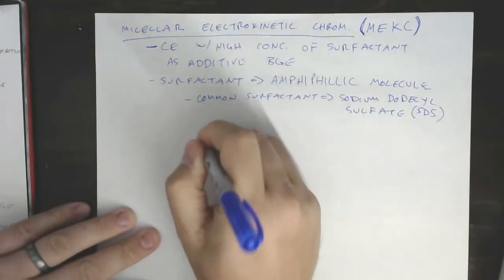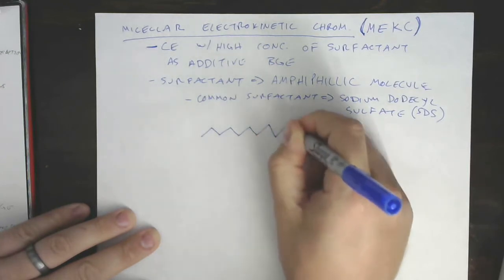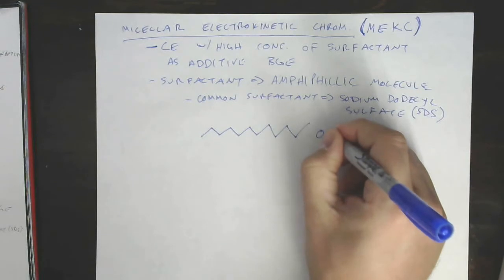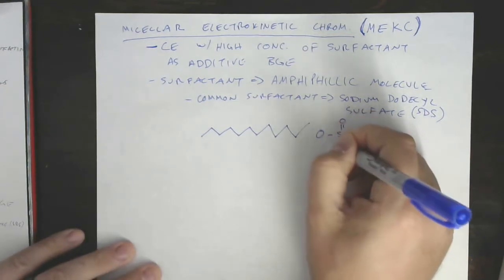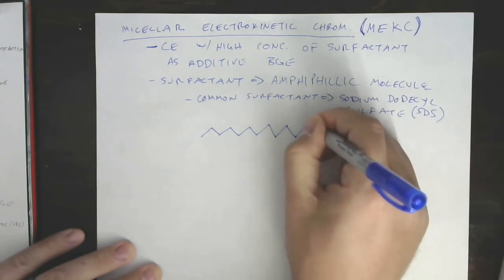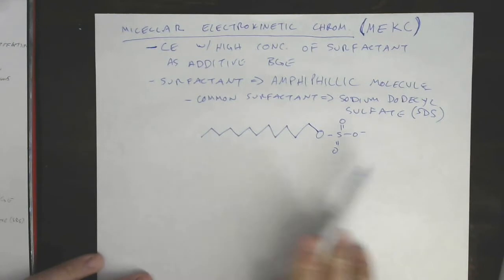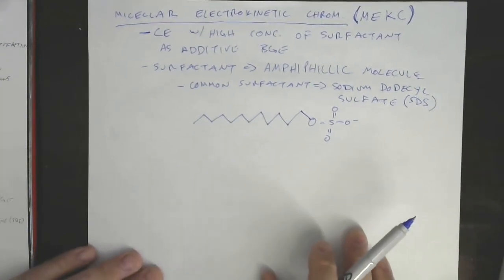It's a 12 carbon chain, 1, 2, 3, 4, 5, 6, 7, 8, 9, 10, 11, 12, connected to a sulfate like that.